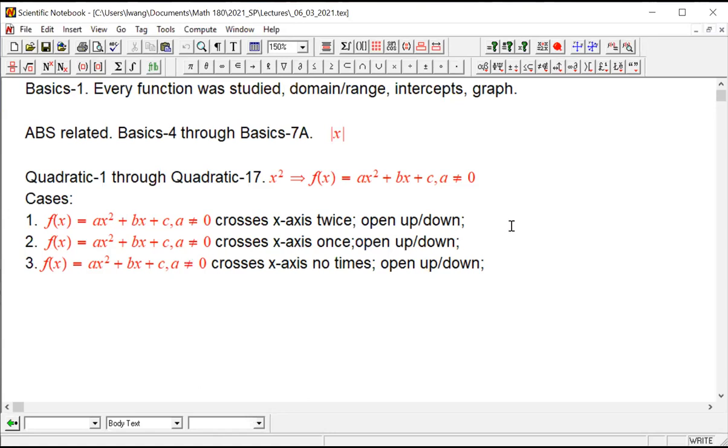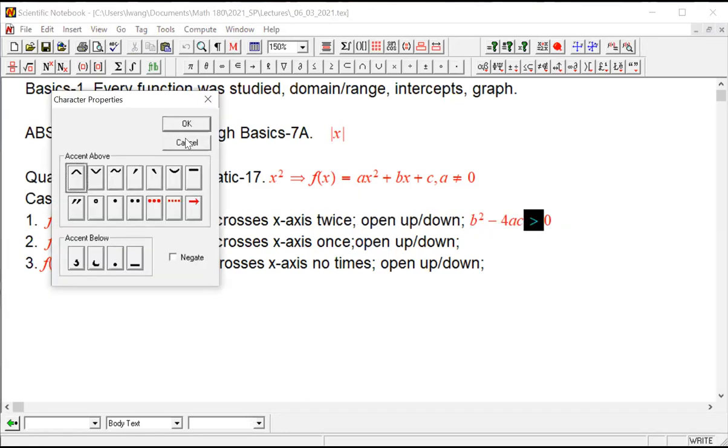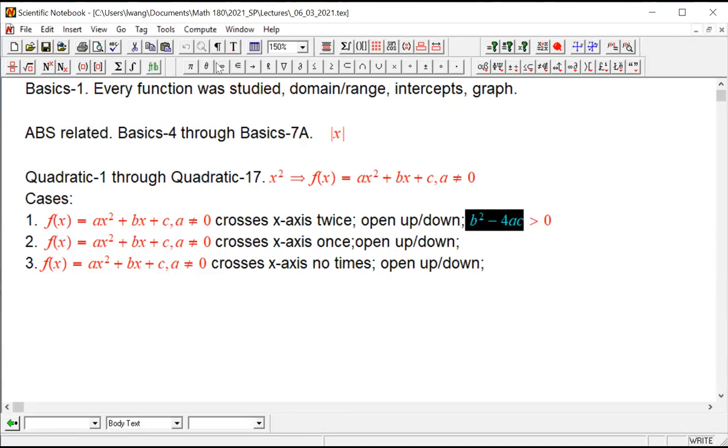And they can all be foretold by b squared minus 4ac. In the first case, it is larger than 0. In the second case, and this quantity we call the discriminant is magical. It tells us so much about how many times it crosses the x-axis.